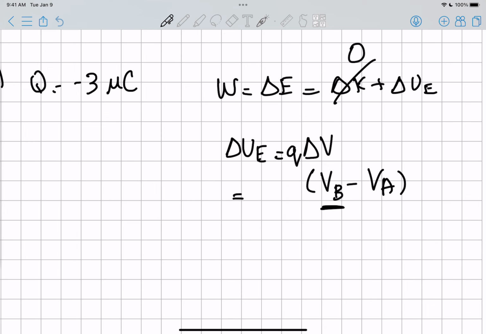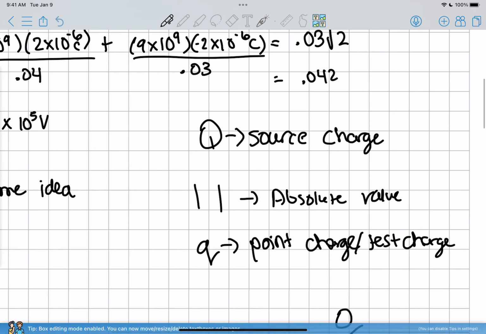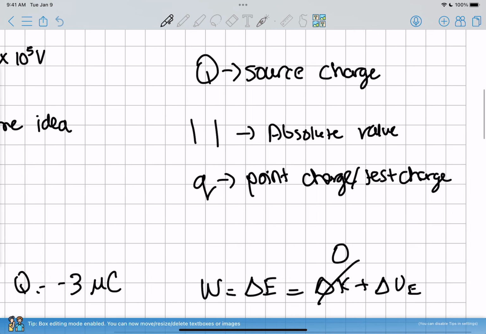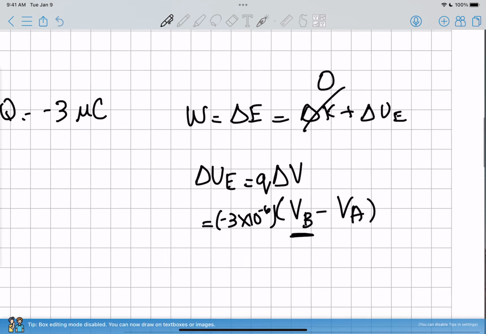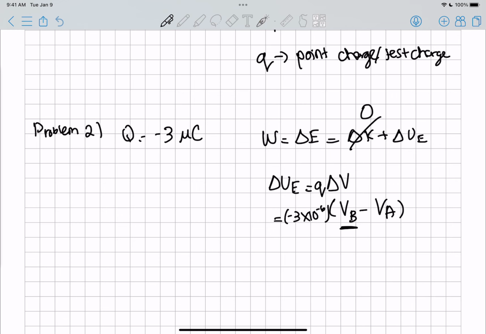So once again, microcoulombs, we have to convert it to just regular coulombs, so -3 times 10 to the -6. And if you look at the equation, you'll realize that that little q doesn't have an absolute value sign around it, so we are concerned with the sign, so you plug in the sign, right? So you plug in that negative sign there. Now, VB minus VA, right?